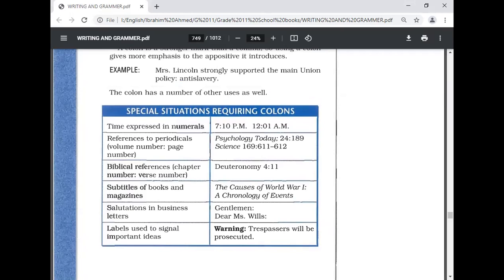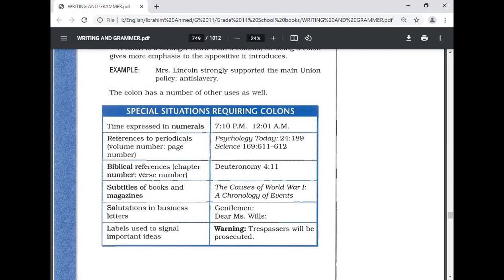Here, Psychology Today, volume number 24, page number 189. Science, volume number 169, pages 611 to 612. Biblical references: chapter number, verse number. Deuteronomy, this is chapter 4, verse 11.